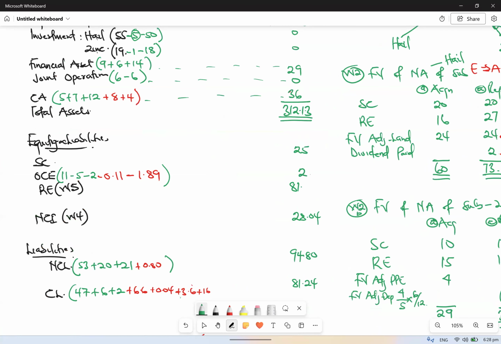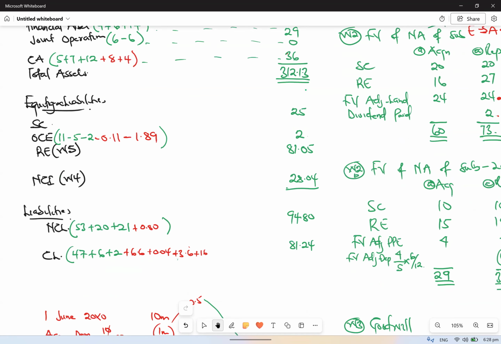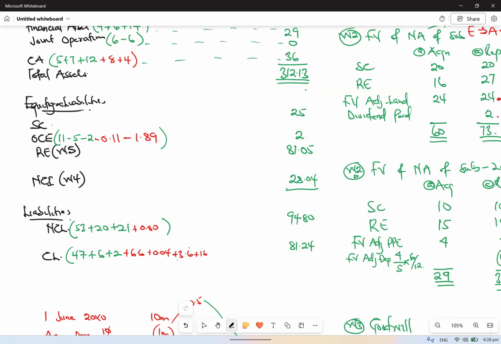So let's add everything to see. So first add the equity. All right. Add equity to get your full marks. Add equity, then add the NCI like this. Okay. Add equity side, because asset is equal to equity plus liability. So do that. So when you finish this one, let's underline it.